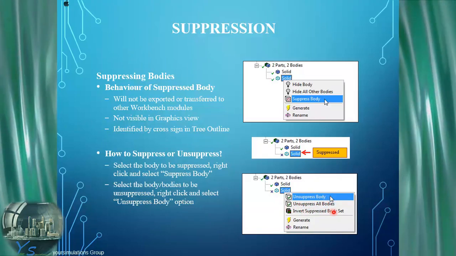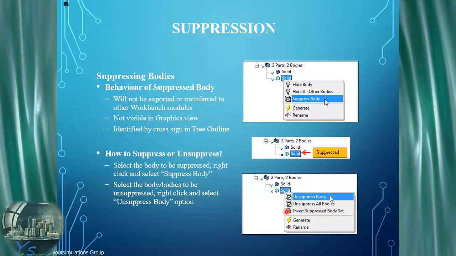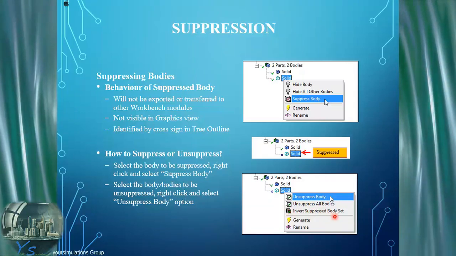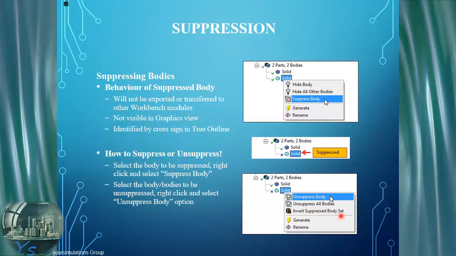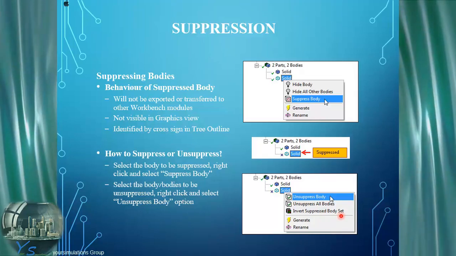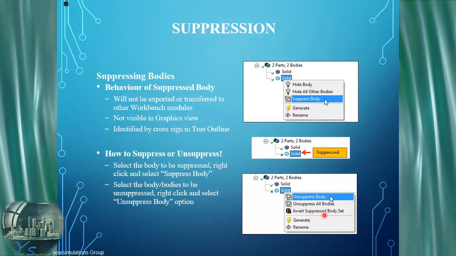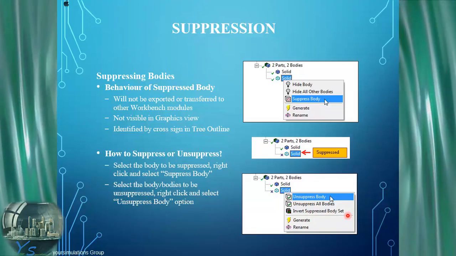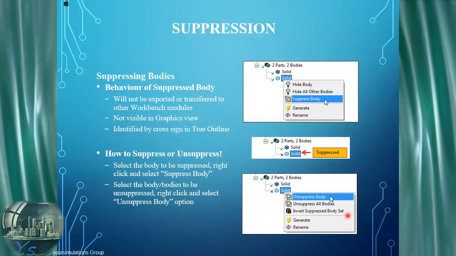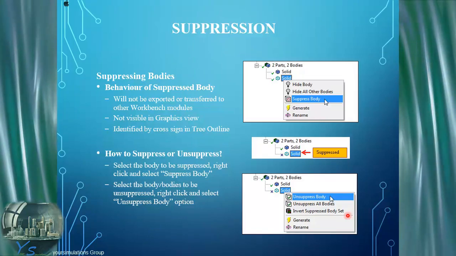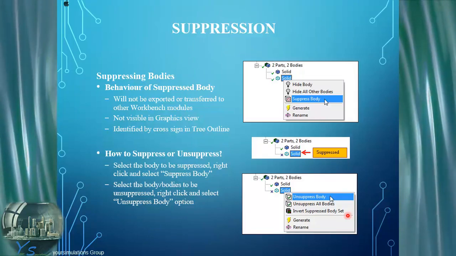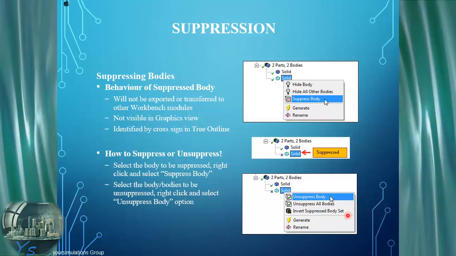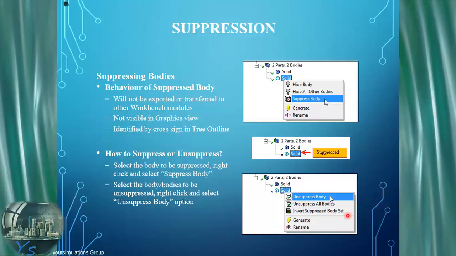We can also invert a suppressed body set. If we have maybe 100 bodies and we're only interested in one, we can select that particular body and suppress it, and then select Invert Suppressed Body Set, which will bring back the body of interest, but will suppress all of the other remaining bodies. So this makes it a quick way to control which bodies will be used in the simulation and which ones won't.